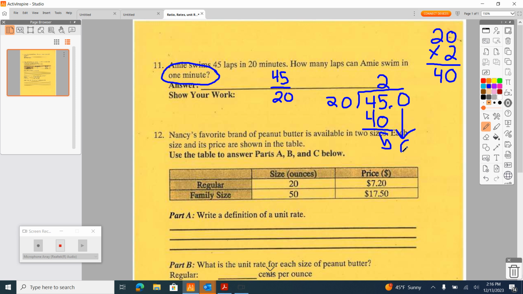So 20 divides into 50, put a decimal there, again, 2 times. 2 times 20 is 40. And I'm going to subtract, and this time I get 10. 20 doesn't divide into 10. I can add another 0, bring it down.